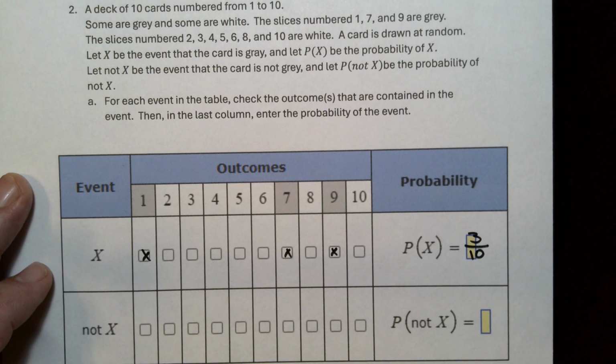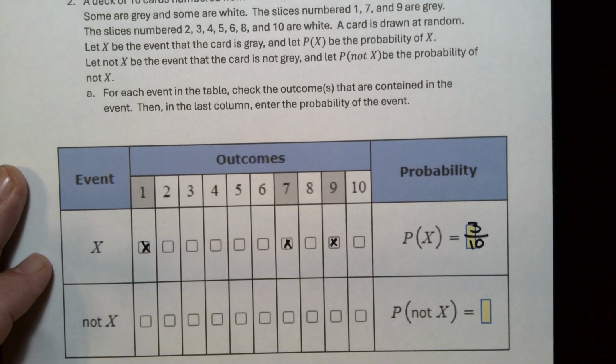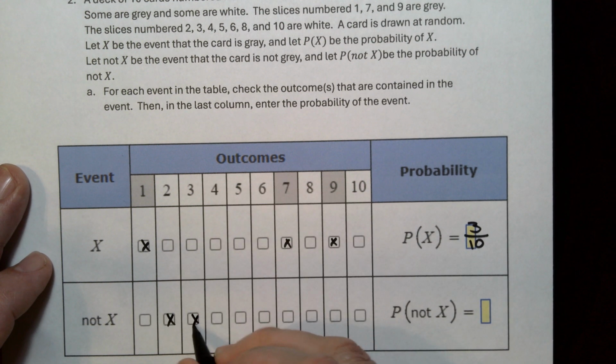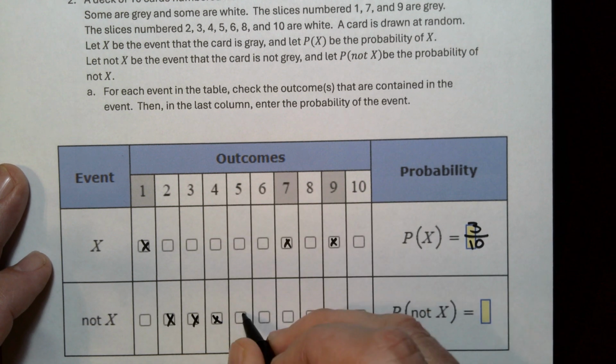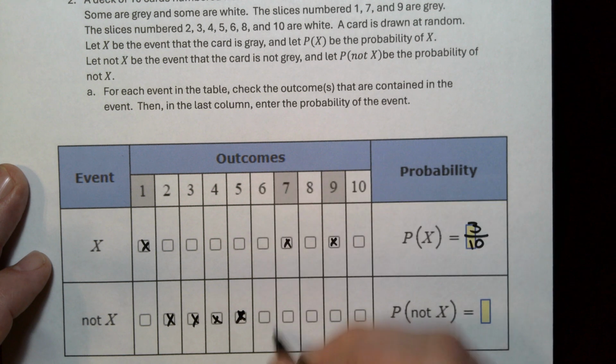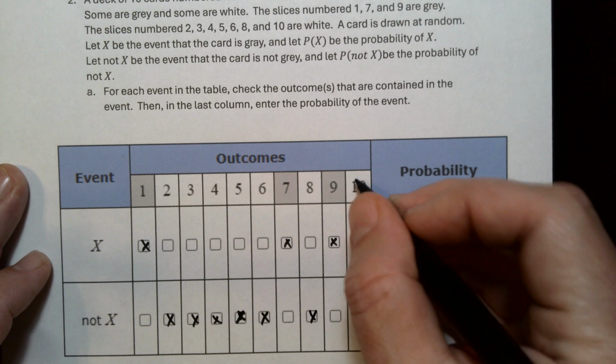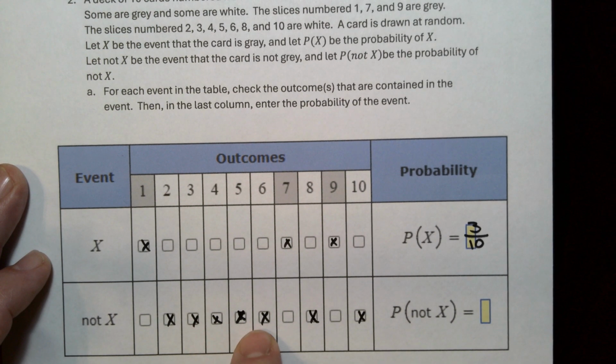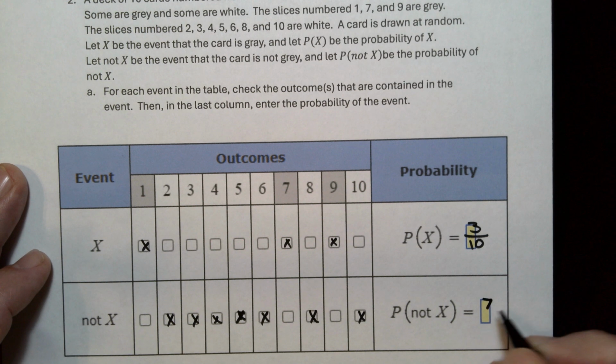Okay. Now for not X, which is not gray, that would mean 2, 3, 4, 5, 6, 8, and 10. Okay, so that's 1, 2, 3, 4, 5, 6, 7 out of 10. So the probability of not X is 7 out of 10.